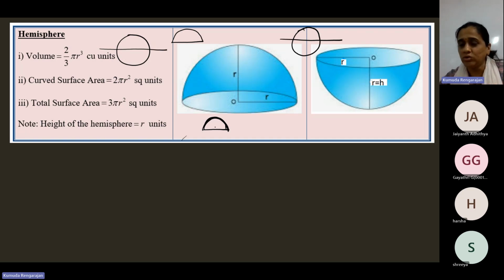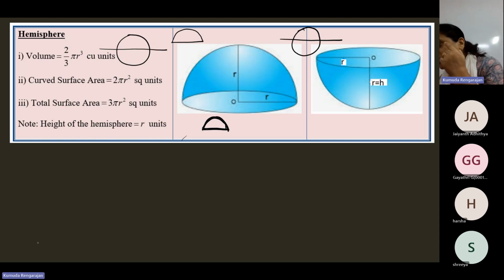When you cut that into two equal pieces and have one half with you, and you have to paint it all over, where all can you paint? You can paint the curved surface area and you can also paint the bottom circle because it's tightly packed and there is material there. So in some hemispheres you have two surfaces, and in some you have only the curved surface.